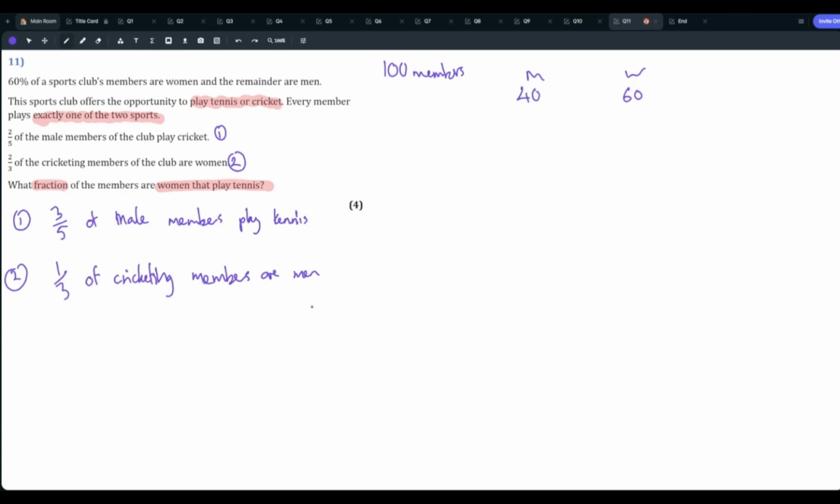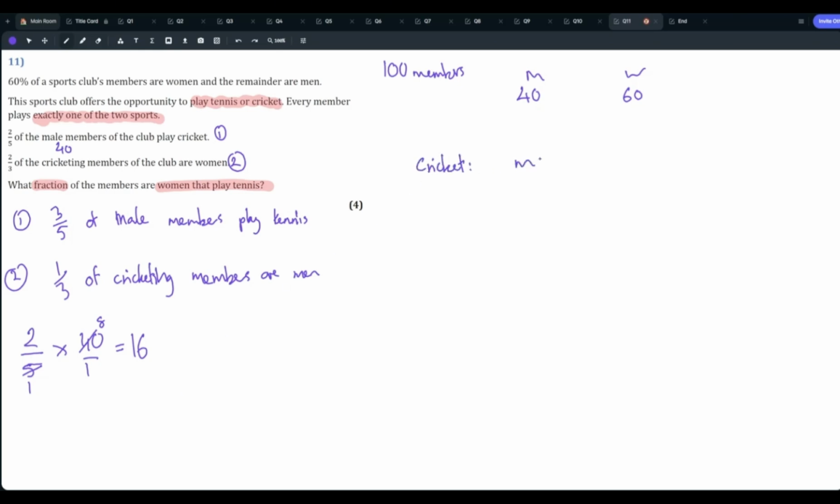Let's look at this for a second. 2/5 of the male members, remember there's 40 male members, play cricket, so we can sort that out. 2/5 times 40 is 16.